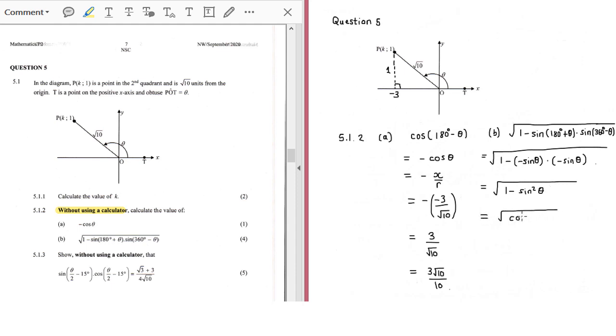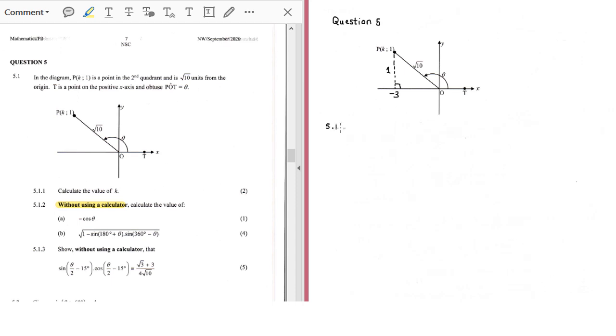This is equivalent to cos squared of theta, and now you have a squared and a square root, and that must cancel each other out, so that must equal the cos of theta. Now don't overcomplicate things for yourself. You just calculated that the negative cos of theta is equal to 3 root 10 divided by 10, so then the cos of theta must then equal negative 3 root 10 over 10.